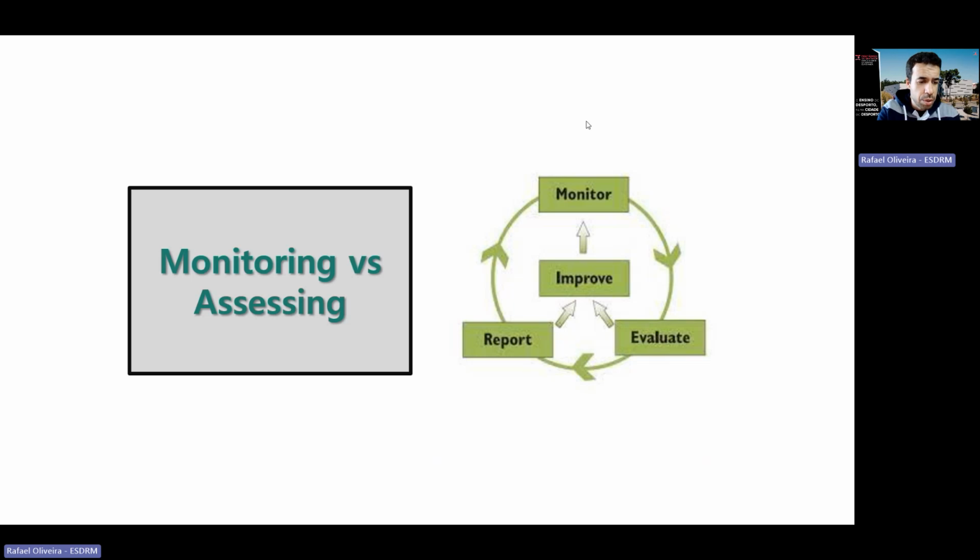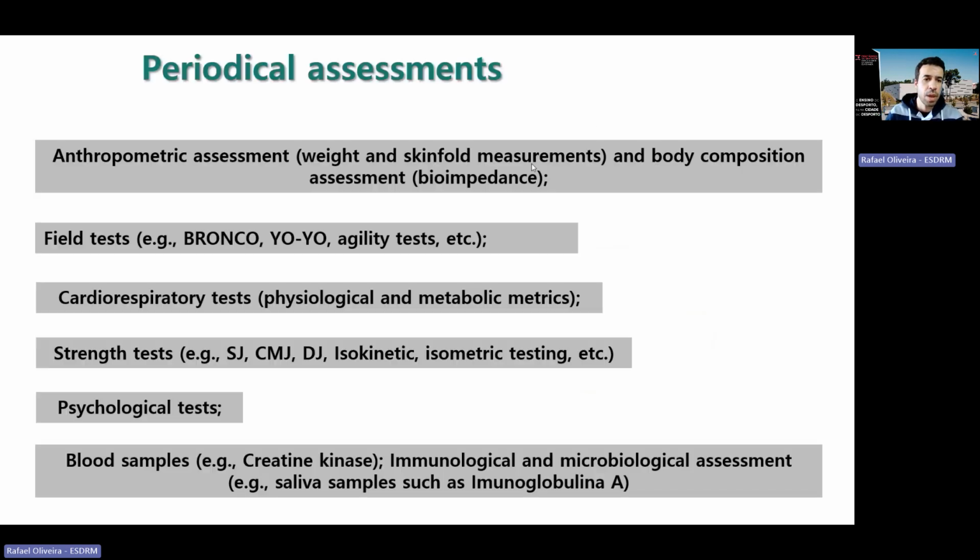Another very important aspect is the difference between monitoring versus assessing, because usually we monitor every session and every match, while assessing includes different kinds of tests, for instance, cardiorespiratory, agility, strength, and other tests. So this information, together with the load monitoring and wellness monitoring, will give us more relevant information about our players.